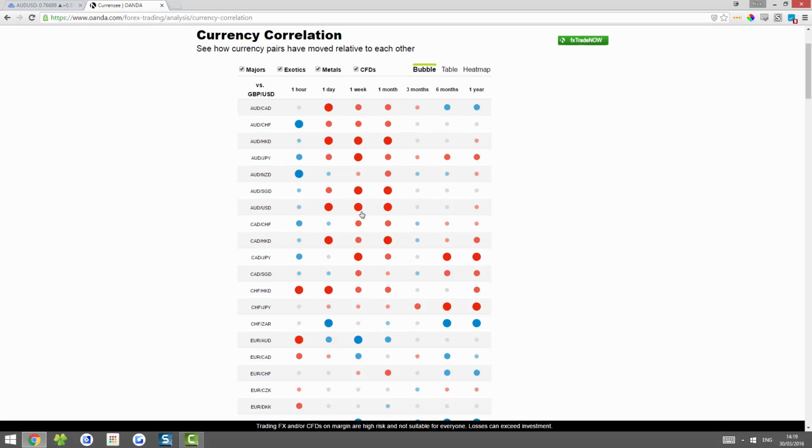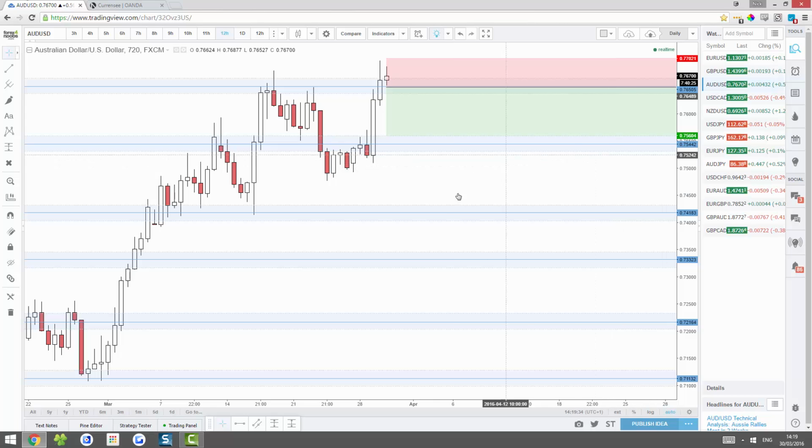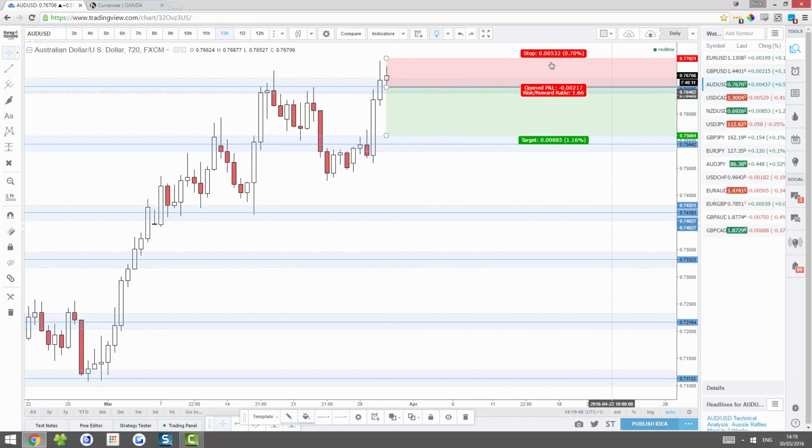So yeah, AUD USD has a strong positive correlation. So that tells us right away that we're only going to want to enter one of these trades, and AUD USD is probably the worst one. As it stands now, before the candles have closed, remember, AUD USD is currently the worst one.